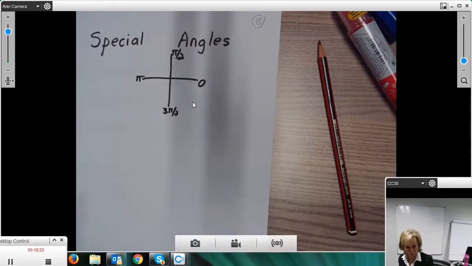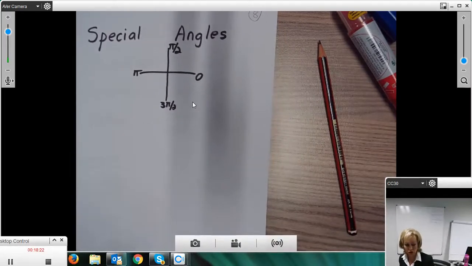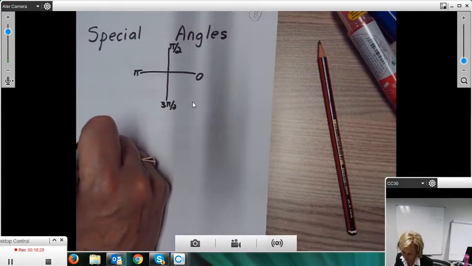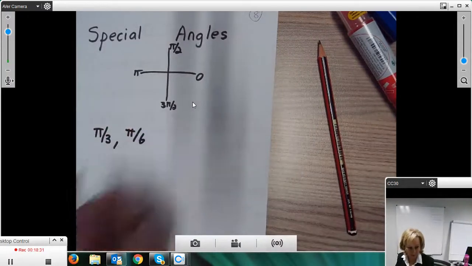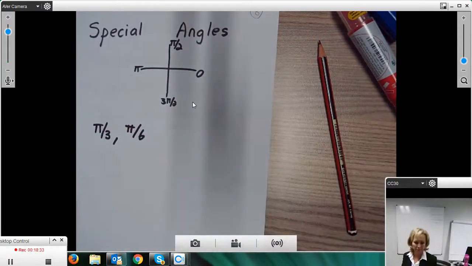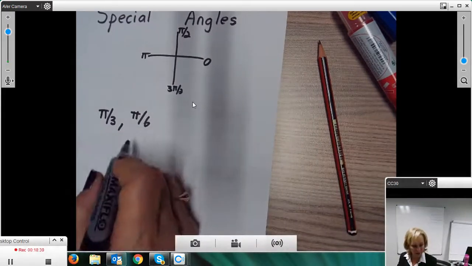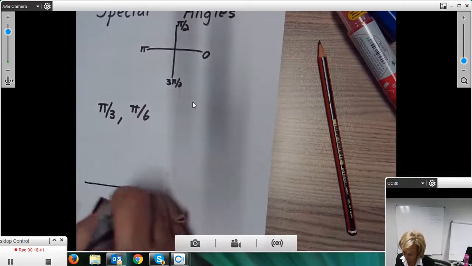For this particular lesson, I am just going to focus on the representation of the special angles in triangles. So it's pi by 3, pi by 6. Let us have a look at the pi by 3, pi by 6.